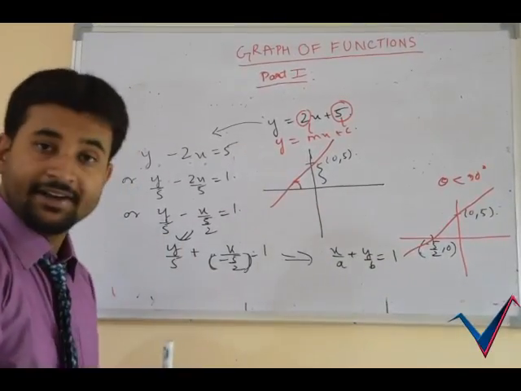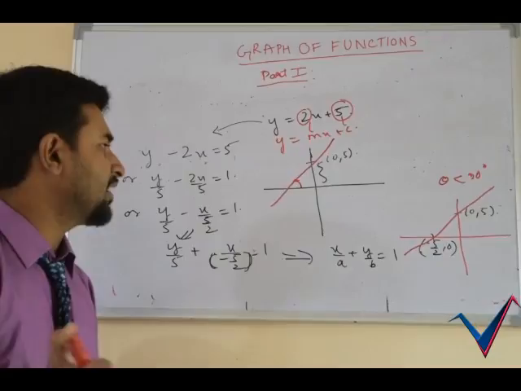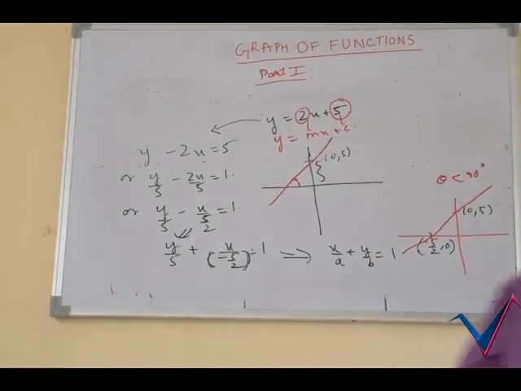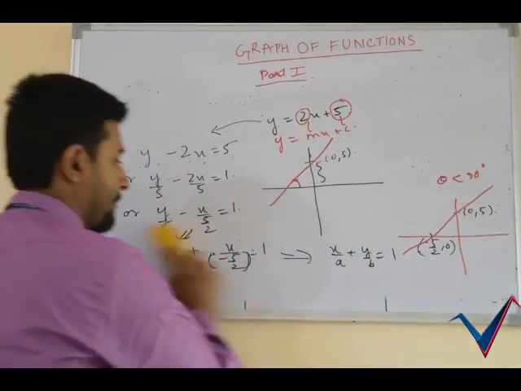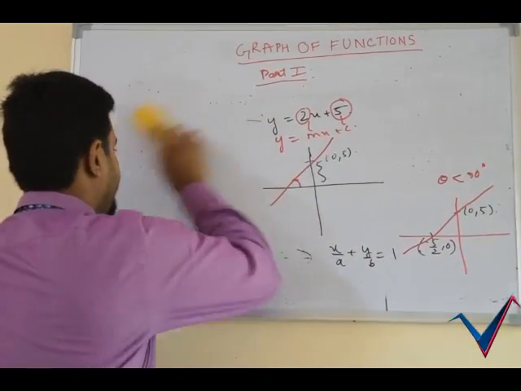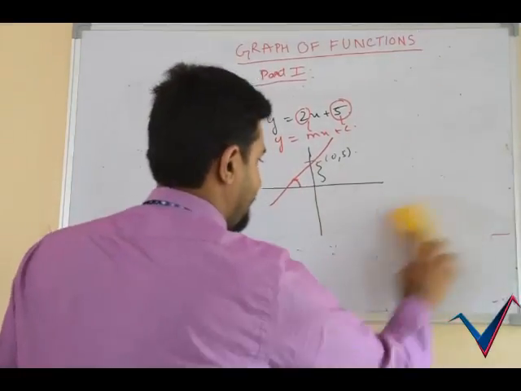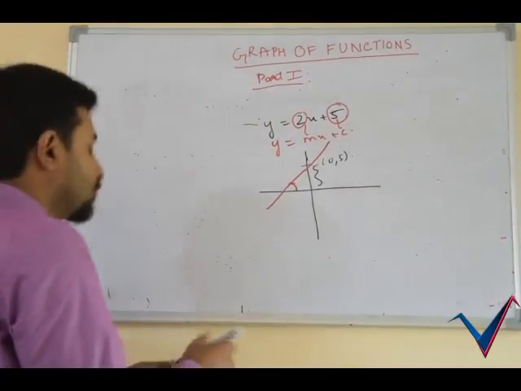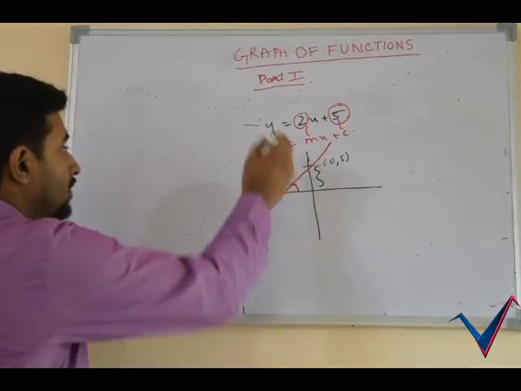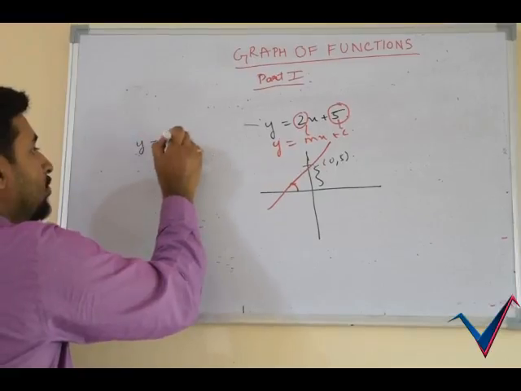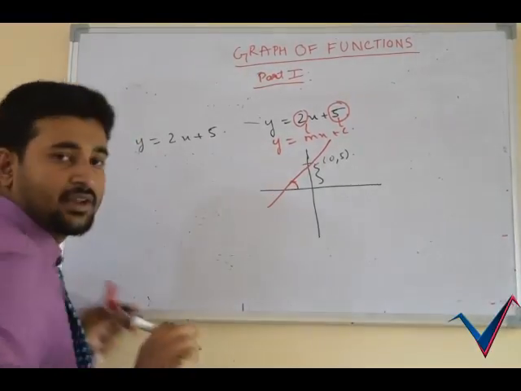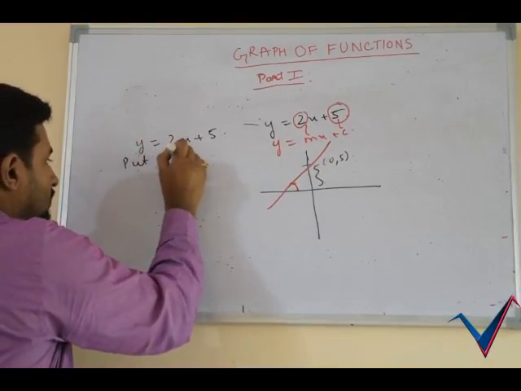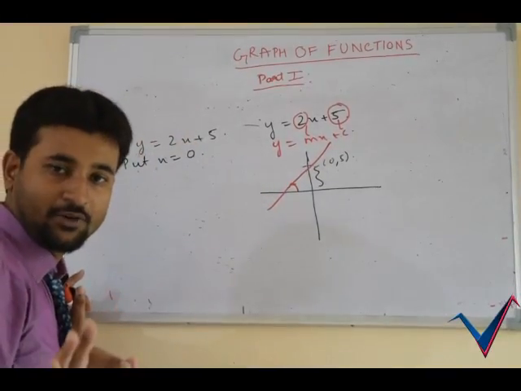Now we have one more method of plotting the graph, which is also quite simple. Let us see that method. The equation is y equal to 2x plus 5. First of all, put x equal to 0. What do you get? y is equal to 5.